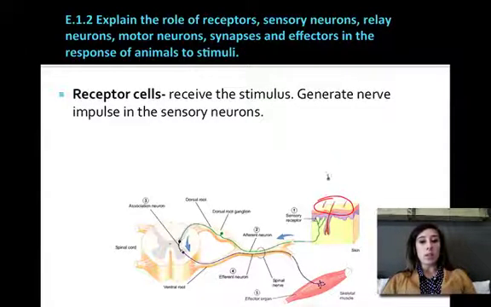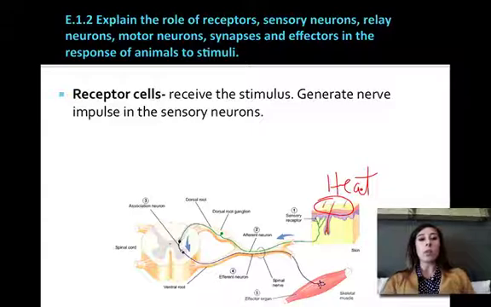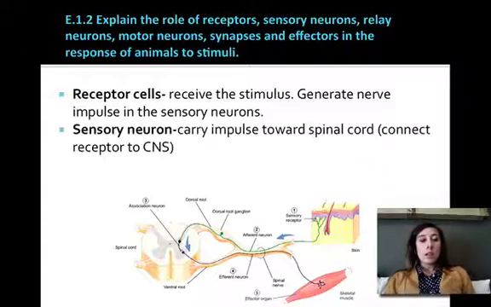So this could be heat right here. And at this point, the receptor cells are going to help generate a nerve impulse in the sensory neurons. Then you'll have the sensory neuron, which is going to carry that information or that impulse toward the spinal cord.